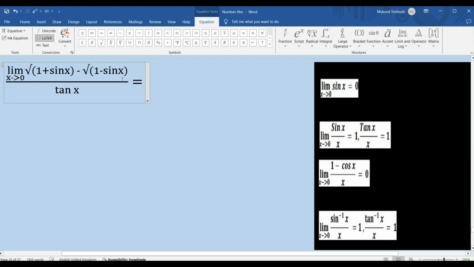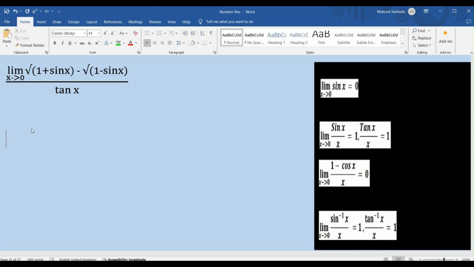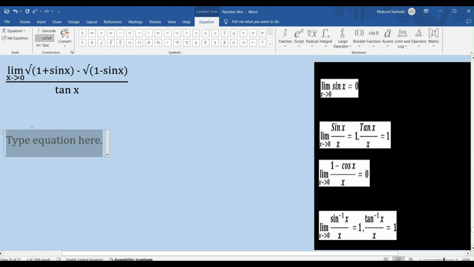And what do I get? I'll probably move to the next line and write it, otherwise we're not going to be able to fit this into this equation.